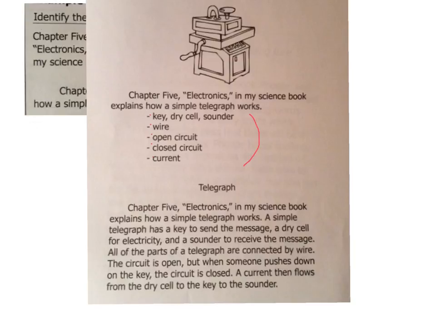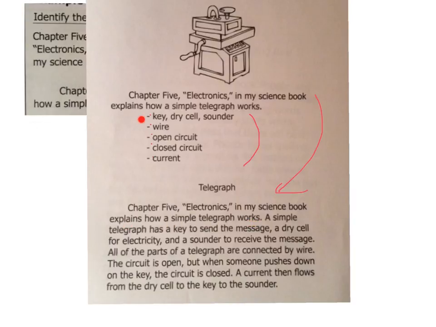Now we're going to take all this information right here and put it into complete sentences in a summary paragraph. We start with our topic sentence and we just copy it and put it right there in paragraph form. Chapter 5, Electronics, in my science book, explains how a simple telegraph works.